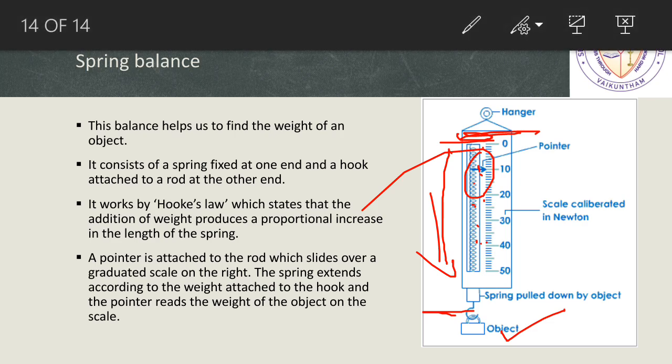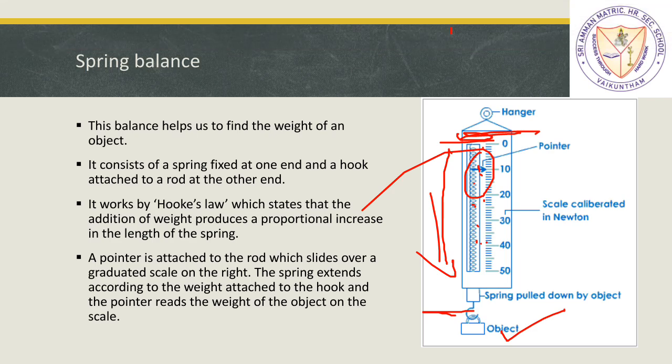Along with the spring, the pointer will come down and start to show some reading on the scale. That is nothing but the weight of that object. Where the pointer is marking, that value will be equal to the weight of that object. So this is how the spring balance works.